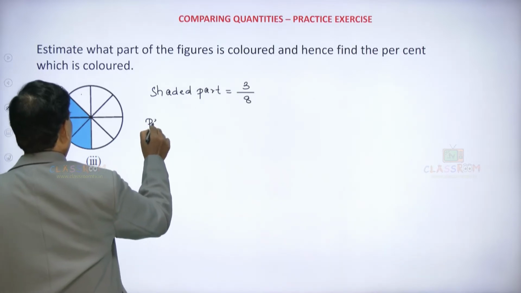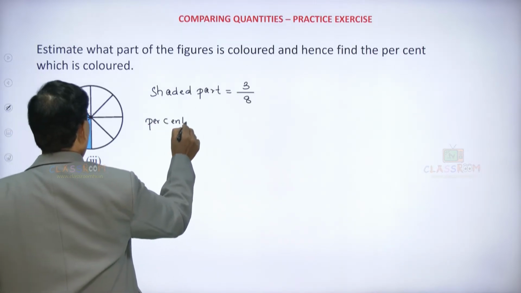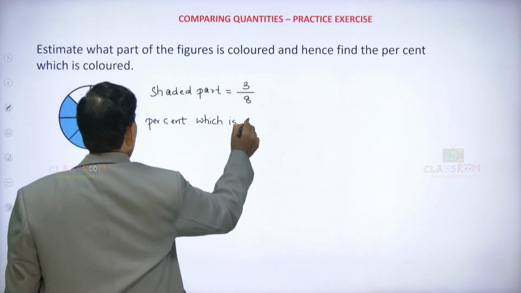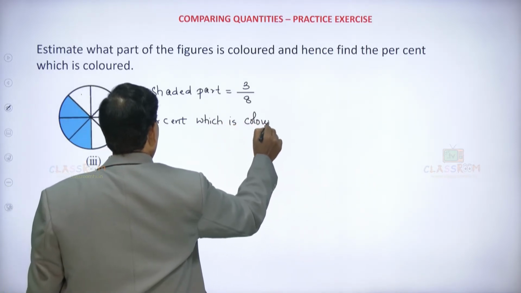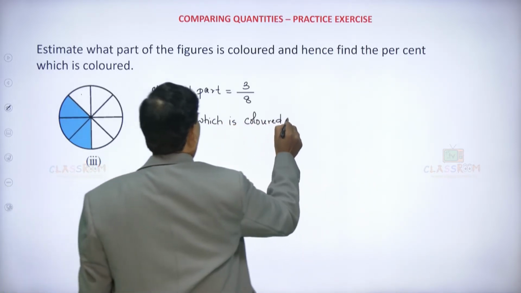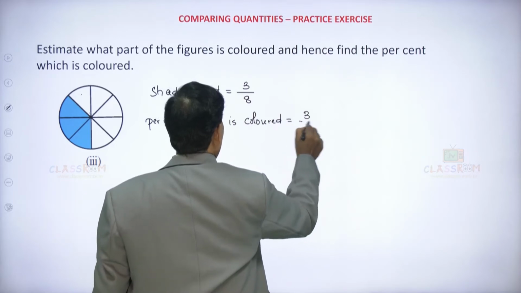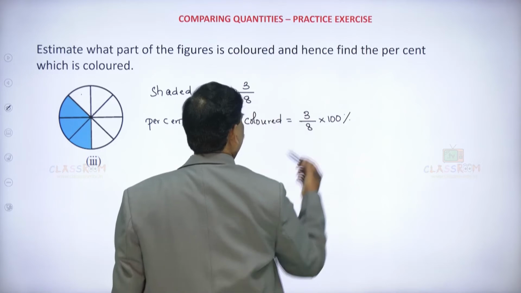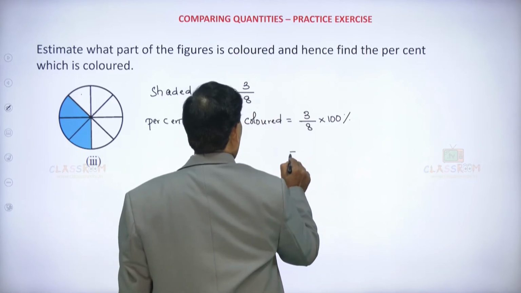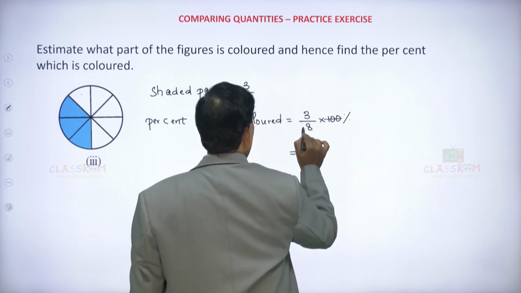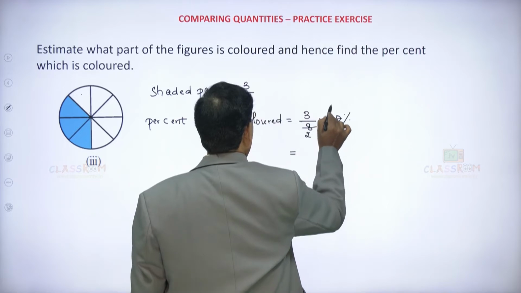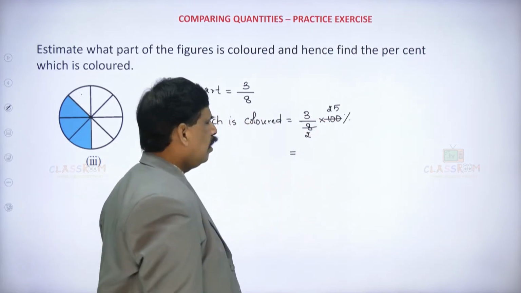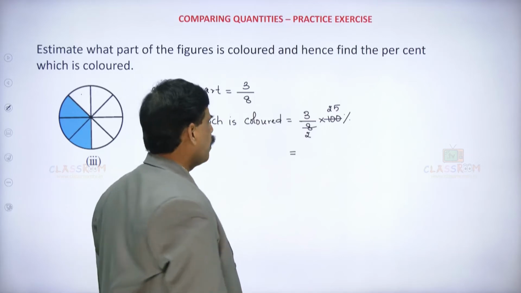So percent which is colored is equal to 3 by 8 into 100%. Now, 4 2s are 8, sorry. 4 2s are 8. 4 25 is 100.